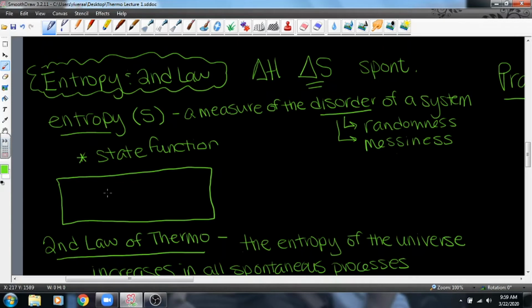So elevation would be a state function. But distance traveled to get from Boston to Denver would not be a state function, right? I could actually drive down to Texas and then shoot up north to Colorado and travel way more miles than I needed to.